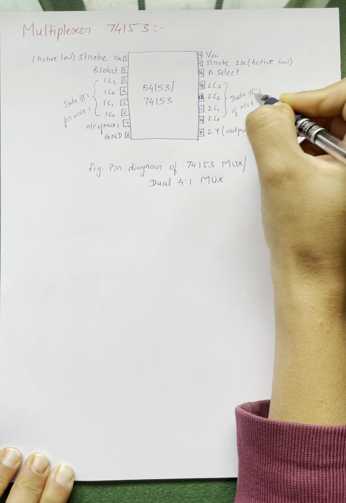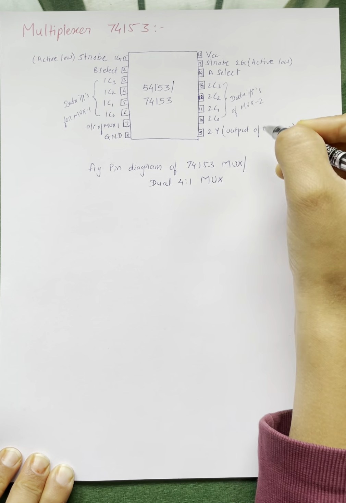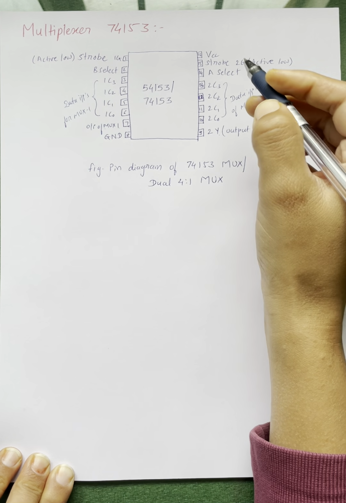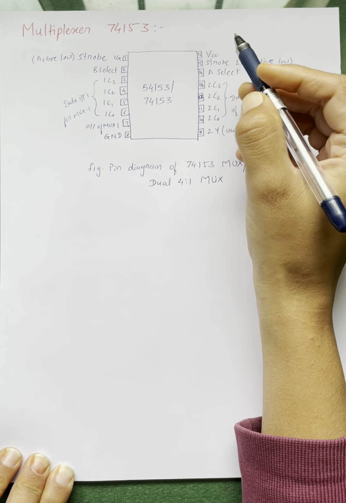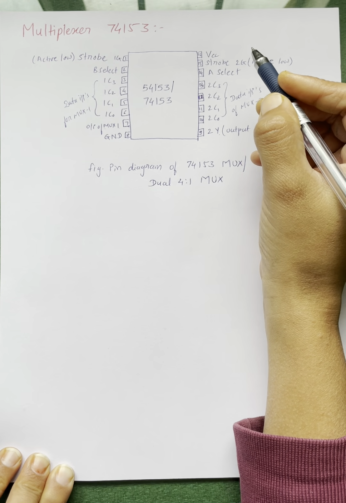You can also see the data inputs for multiplexer 2, and this is the output for multiplexer 2. As well, ground is pin number 8 and VCC is pin number 16.